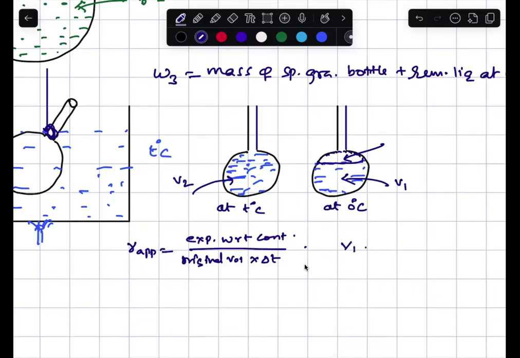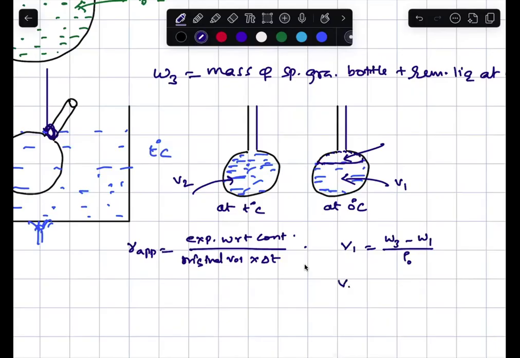Can someone please help me in writing V1 properly? How to write V1, boys? Wrong. V1 is W3 minus W1 by rho naught, the density of the liquid at 0 degrees centigrade.